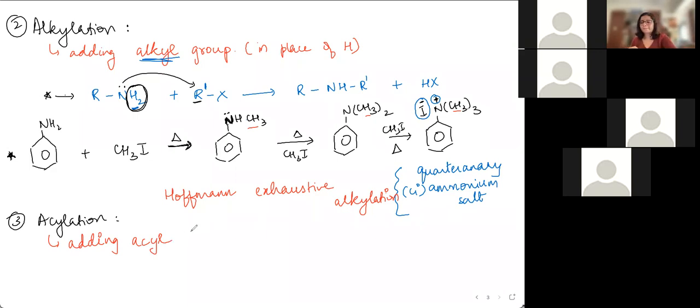So when you add an acyl group, as you said, it is RC double bond O, usually an acyl halide, but otherwise whatever the rest of the compound is. Whenever you add this, it's called acylation, again in place of the H bonded to the nitrogen.